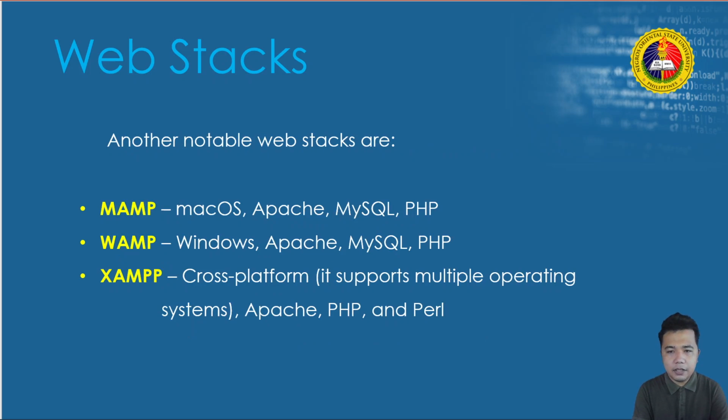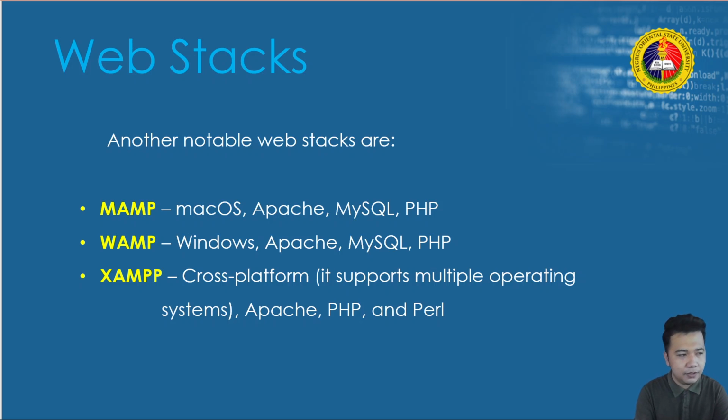And here are other notable web stacks. Maybe some of you have heard of WAMP and XAMPP before. These two are pretty much the web stacks that NORSU Bais has been using for the past years. Another example is MAMP, which stands for Mac OS, Apache, MySQL, and PHP.